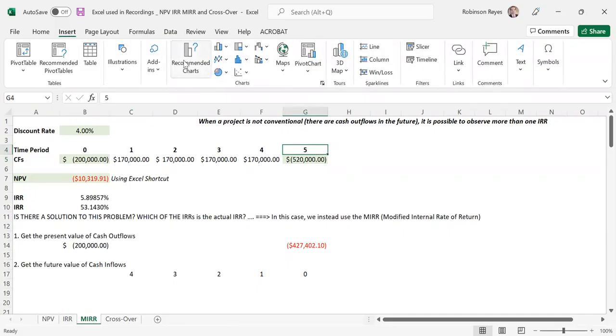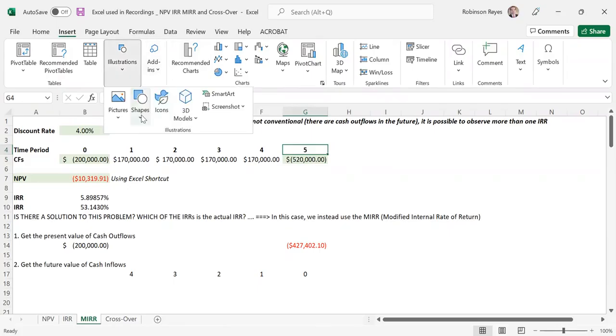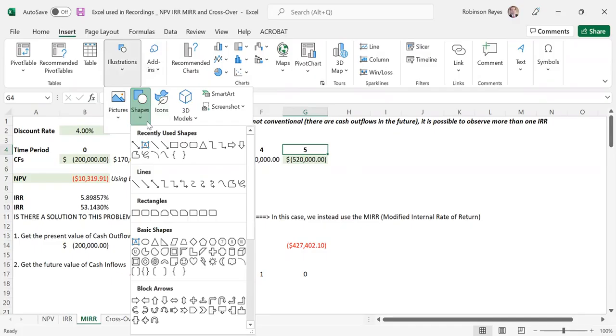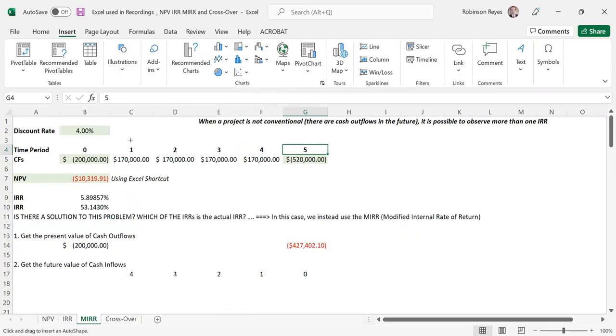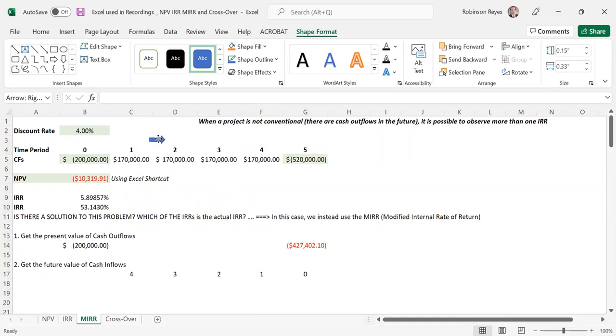So how many periods into the future do I need to move this cash flow? If we're already in period 1, we need to move to period 2.